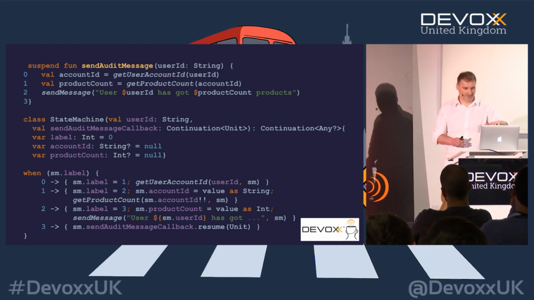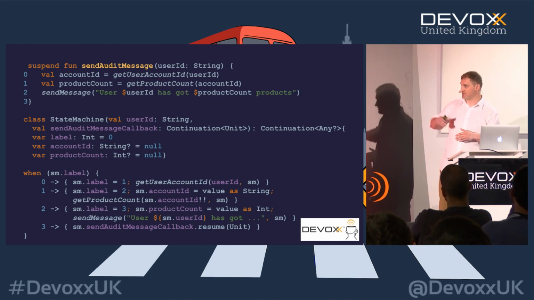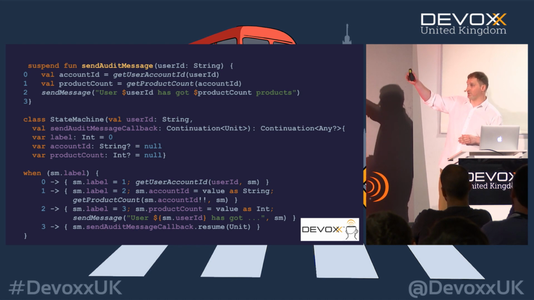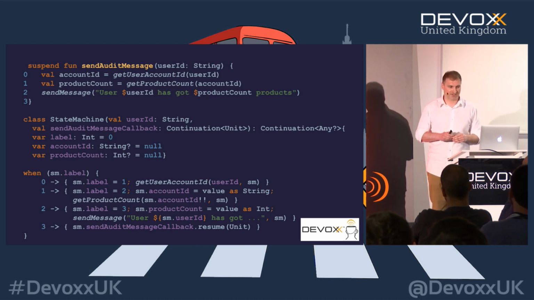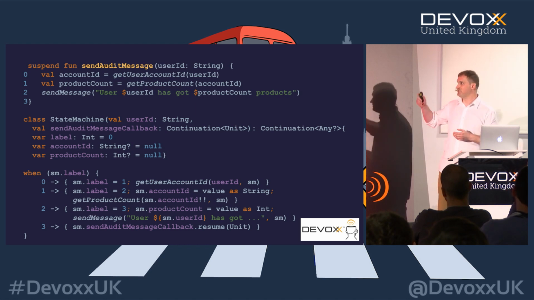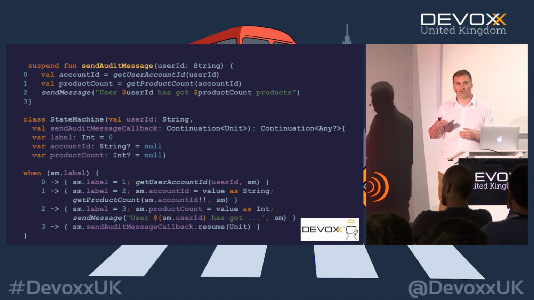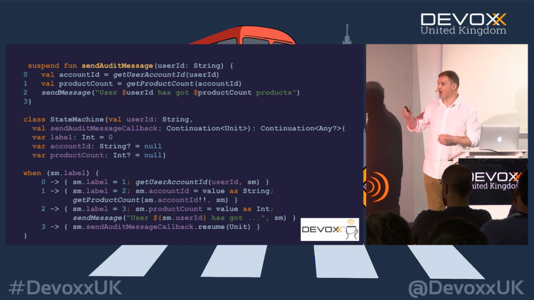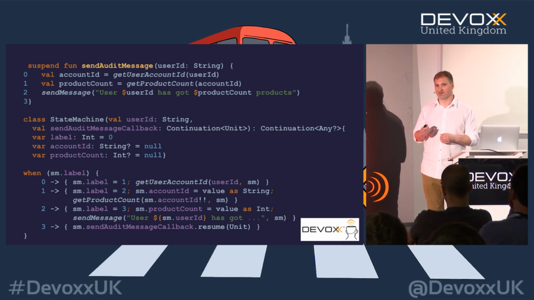So this generated code is quite complex for our very simple function, but the nice thing is that you don't have to explicitly use callbacks here. You write your code in a regular way, as if it were blocking, synchronous code. And you can use any constructs of the Kotlin language in your suspending functions.